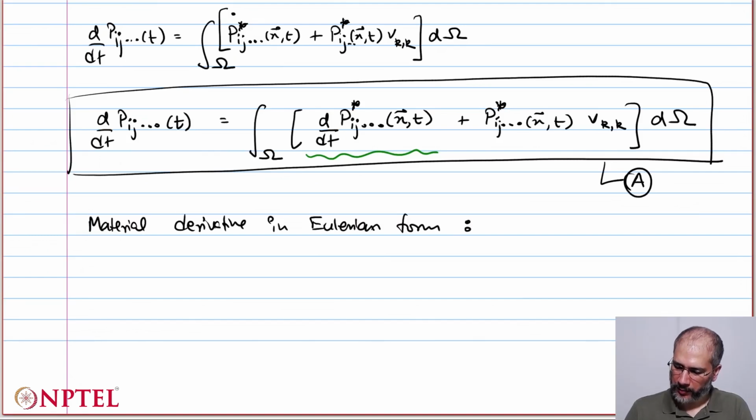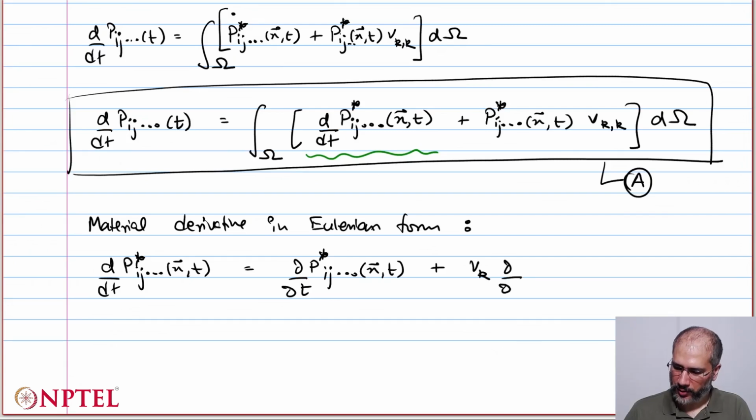So I can use a material derivative in the Eulerian form and write this as d by dt of P star as a function of small x and t can be written as the sum of the local rate of change of P star, which is partial by partial t of P star, plus the convective rate of change of P star, which is written in the Eulerian description.